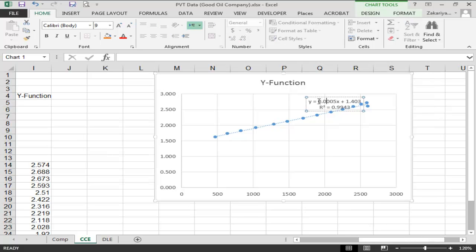This is the slope, and this is the intercept.